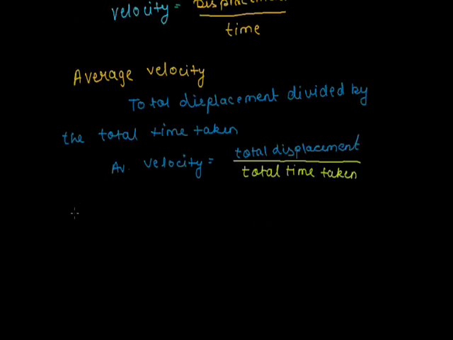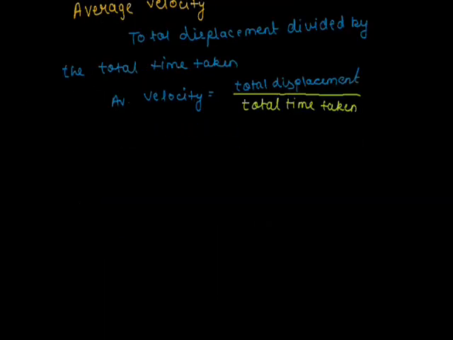There's one more quantity I would like to define, that is uniform velocity. Uniform velocity is defined when the velocity of the object does not change as time passes. That means the speed of the object remains constant as well as the direction in which the object is moving. So there are these two main conditions for uniform velocity.